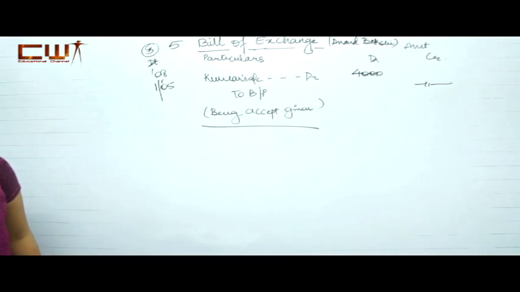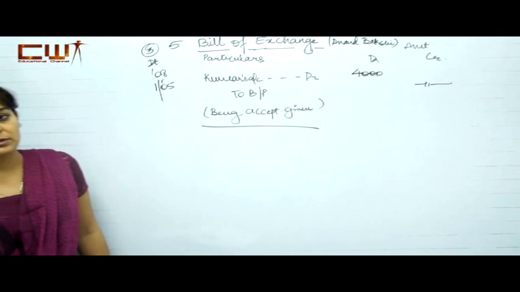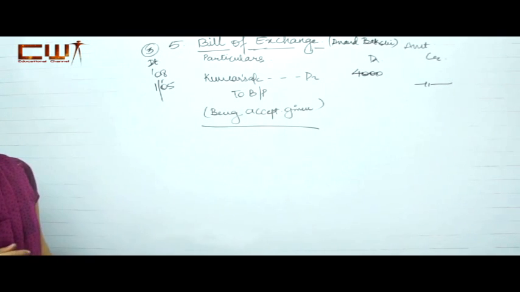On 1st August 2008, Mr. Bakshi requested Kumar to renew the bill. So the bill has been asked to renew. So first you will cancel the old bill, then only you will be able to draw the new bill.